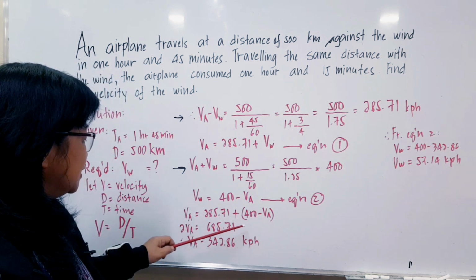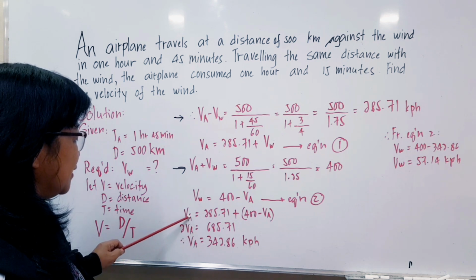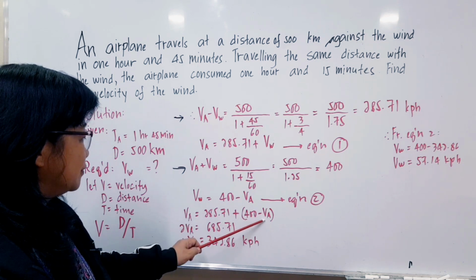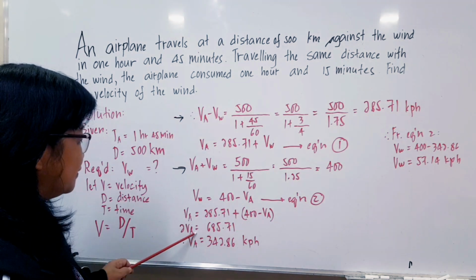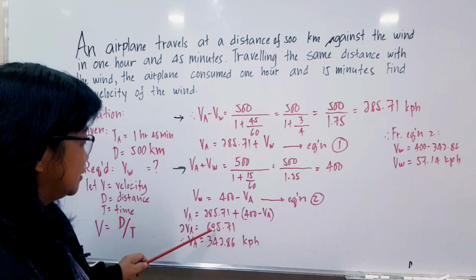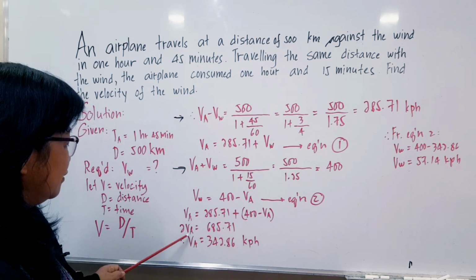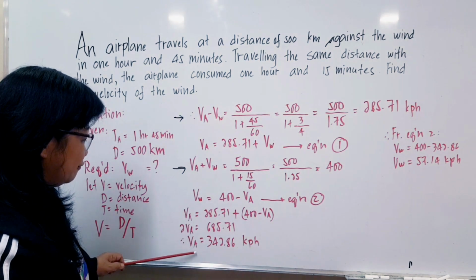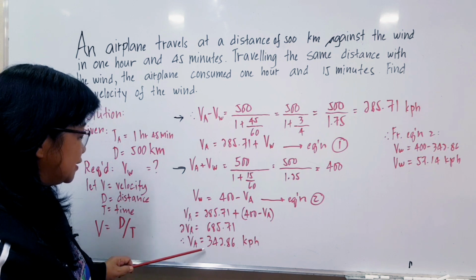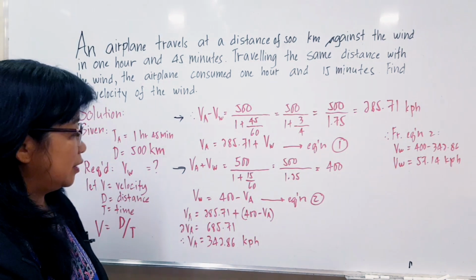So, to simplify this one, tapos i-transfer yung VA dito, naging 2VA, kasi naging positive yan. So, 2VA is equal to this total, which is equal to 685.71. Therefore, 685.71 divided by 2, VA, therefore, the velocity of the airplane is equal to 342.86 km per hour.